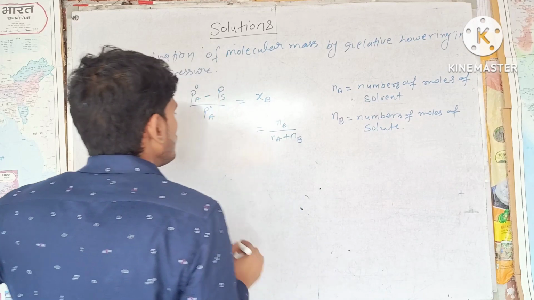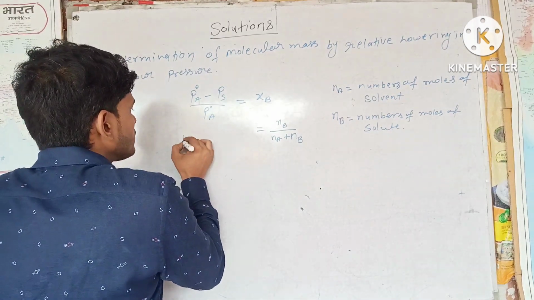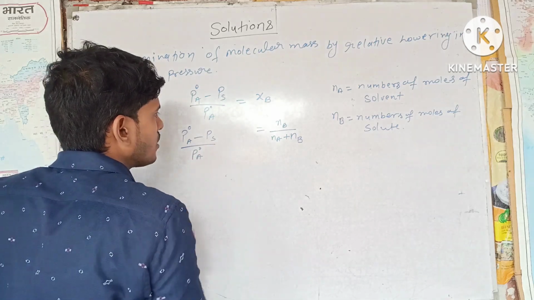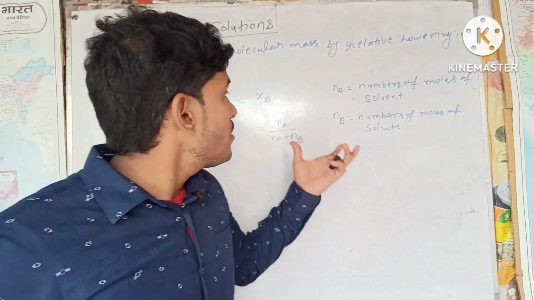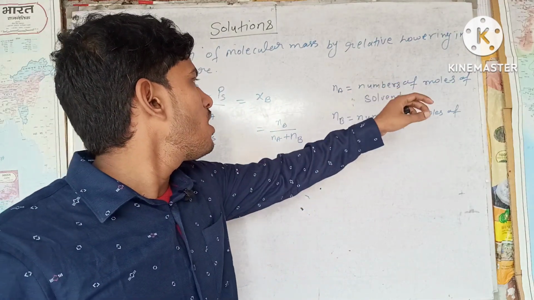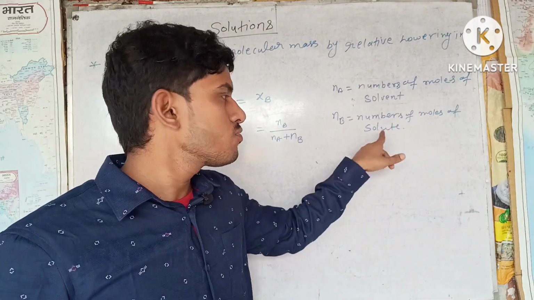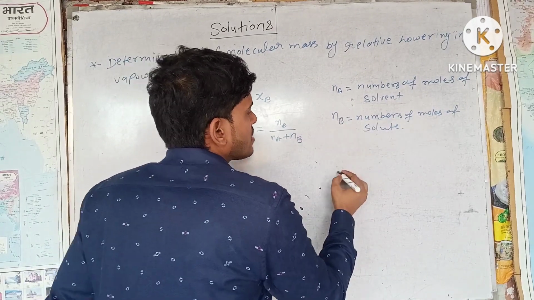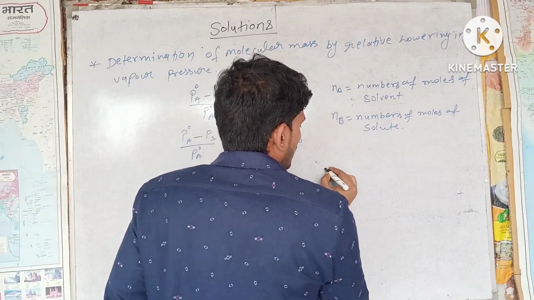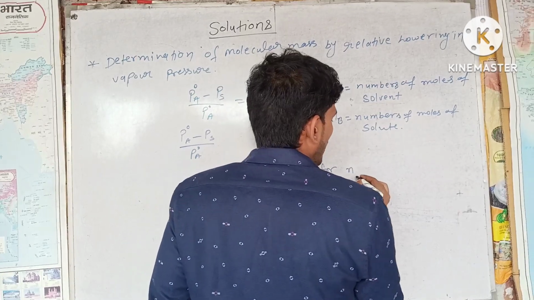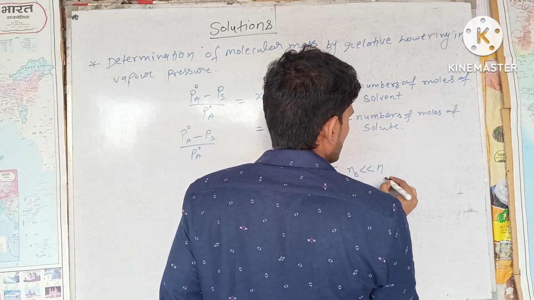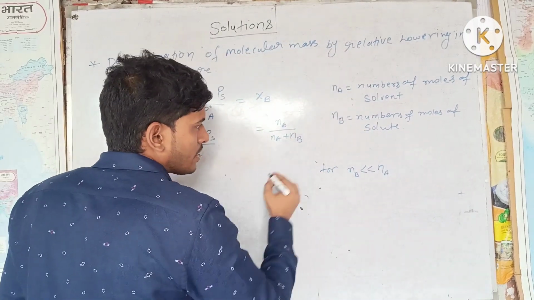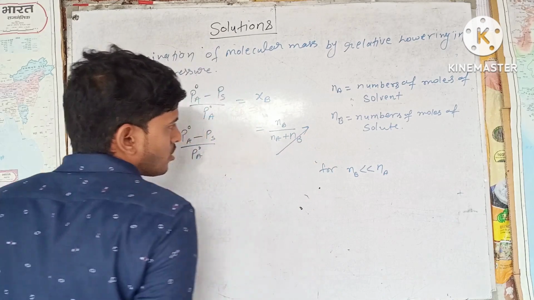Okay, so let's say in the solution there is a very small amount of solute present, so we can neglect the nb, which is very much less as compared to na, so we can eliminate that term from the denominator.